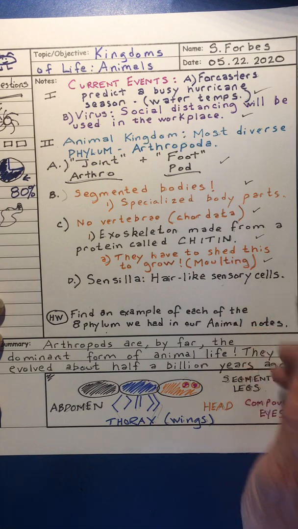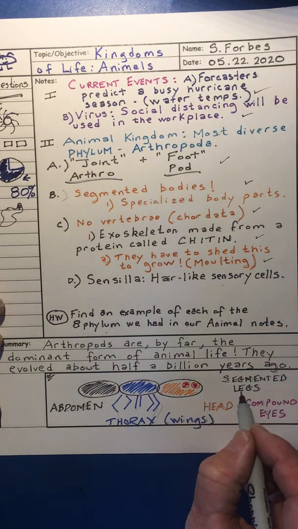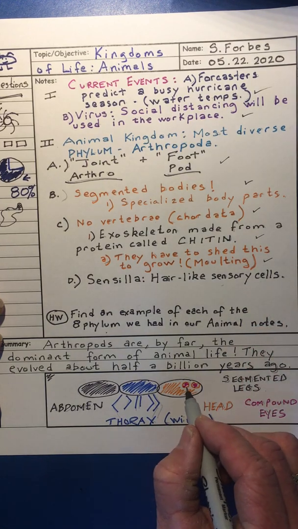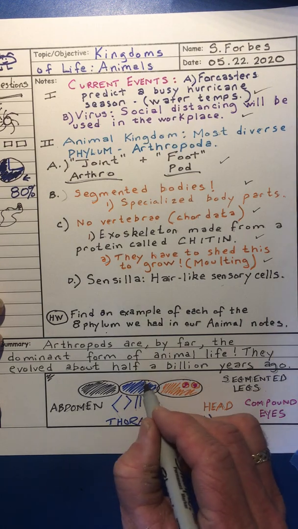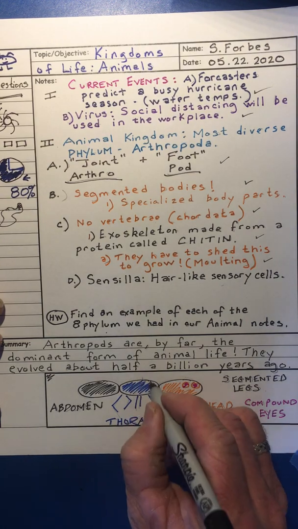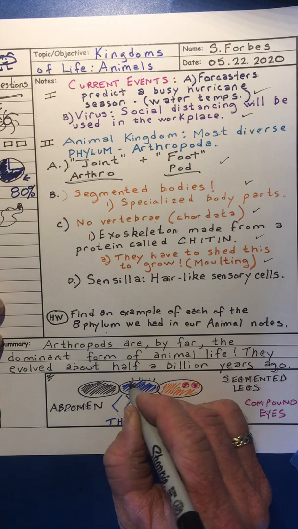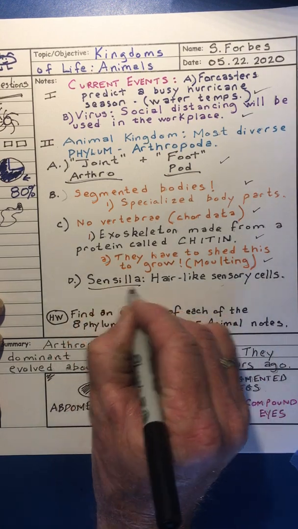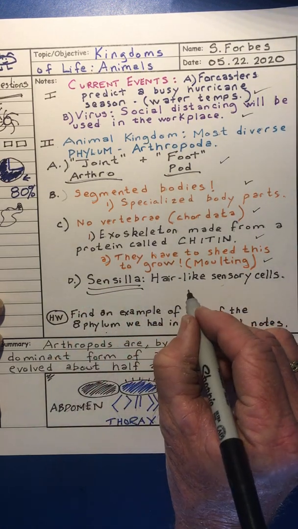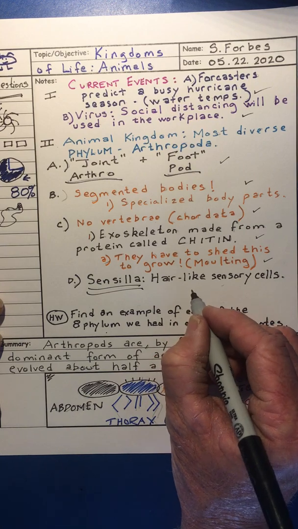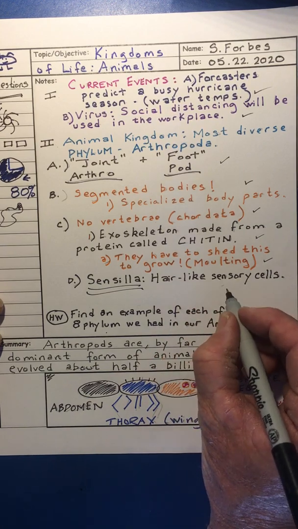And the last little thing that we talked about here, we're going to talk about the compound eyes and why flies are so tough to swat. All over the body, I'm just going to draw in a couple real quick right here. They've got sensilla. They're little tiny hair-like structures. Now I say hair-like because they're not true hairs. They're sensory cells.